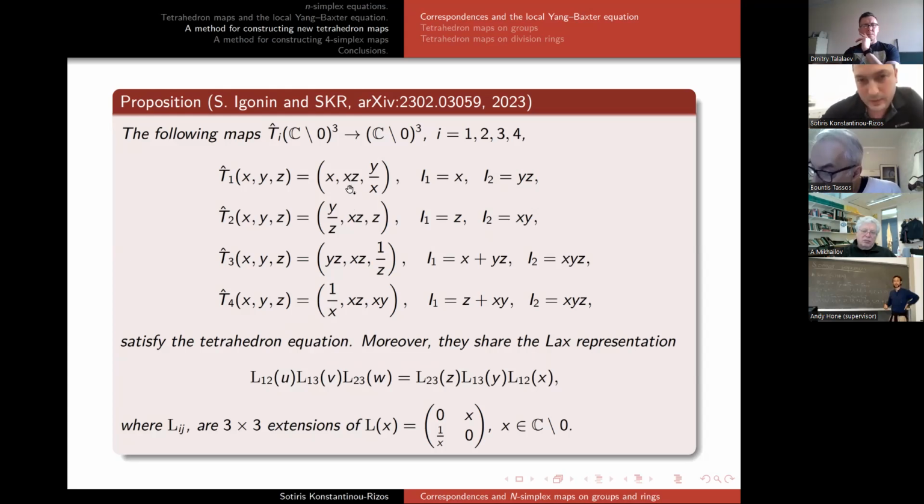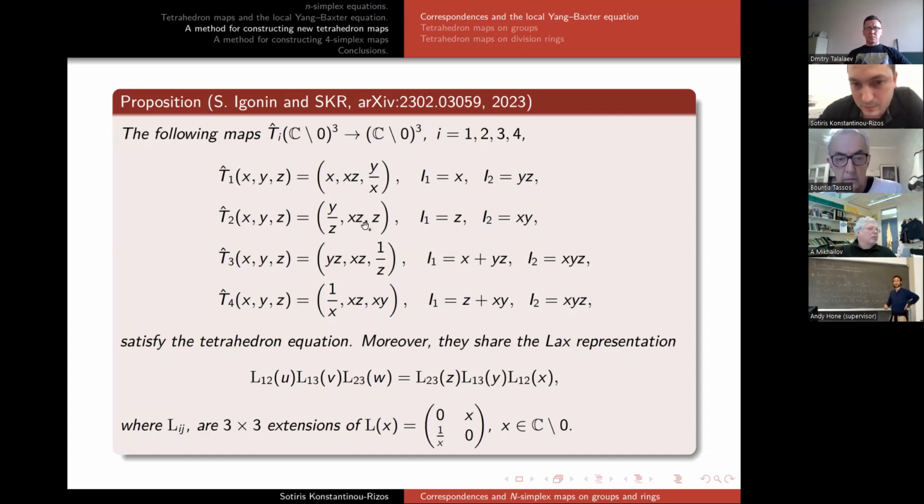So if you change, for instance, in the first map, X to e to the power X, Z to e to the power Z, and Y to e to the power Y, and also U to e to the power U, then x times z will become, in the new variables, x plus z, and this will be y minus x.